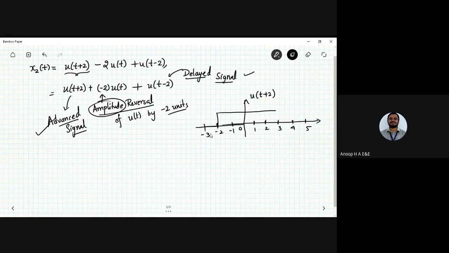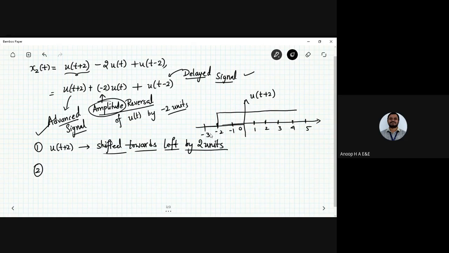It is shifted towards the left by 2 units. So u of t plus 2 is shifted towards left by 2 units.